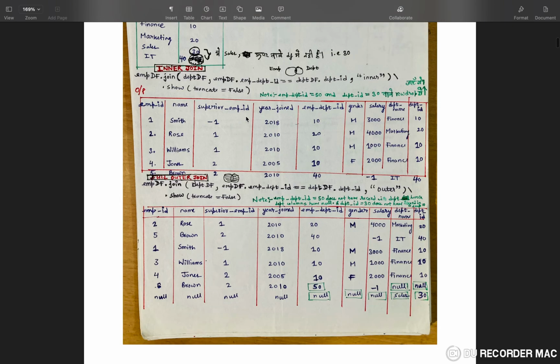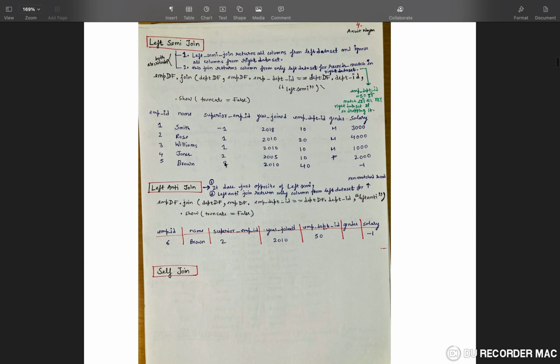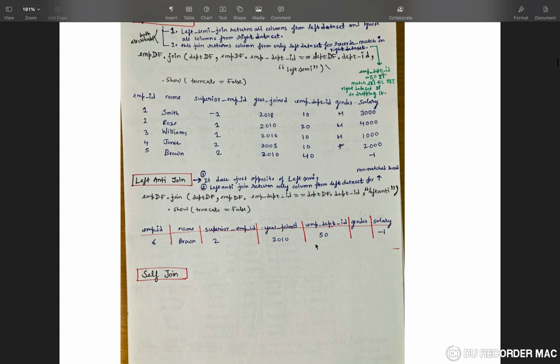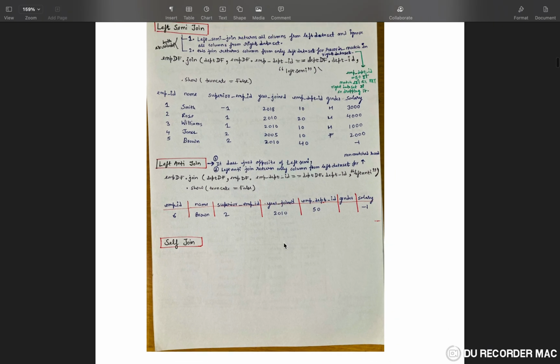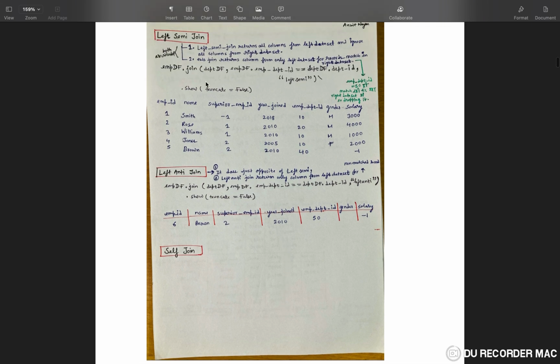So now left anti join returns that row, those values that are not getting matched to the right data set. So it is returning the columns corresponding to employee department ID 50. So hope you are able to understand left semi join and left anti join, right?